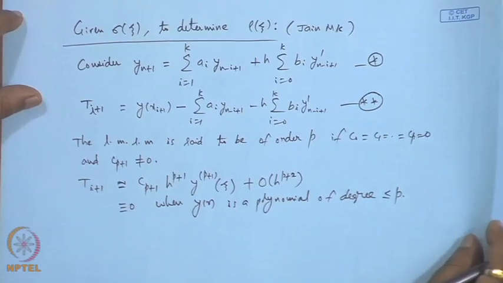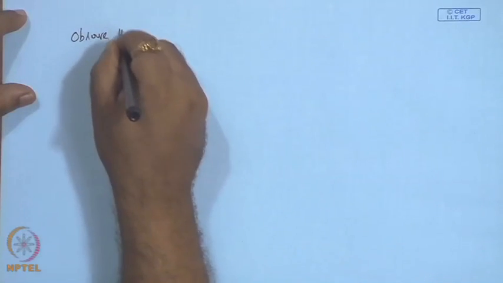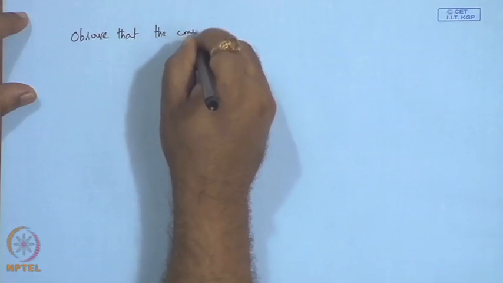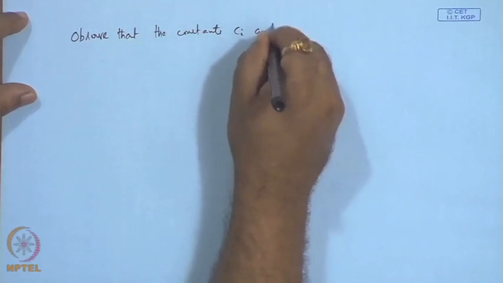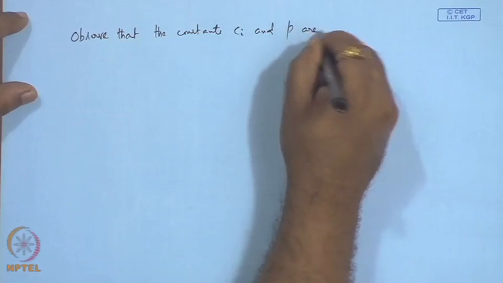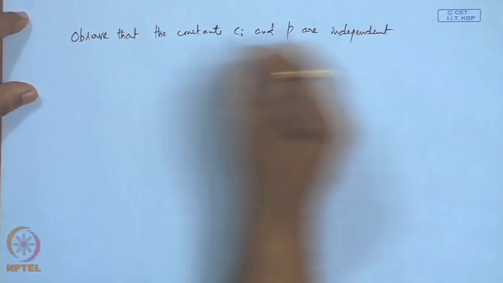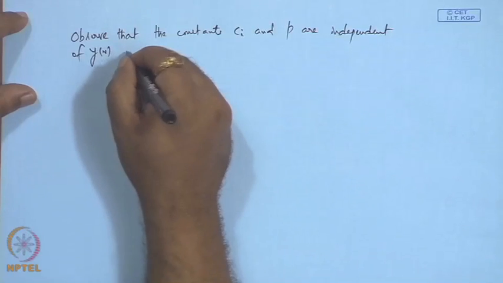Right. Now, observe that the constants C I and P are independent of y of x.